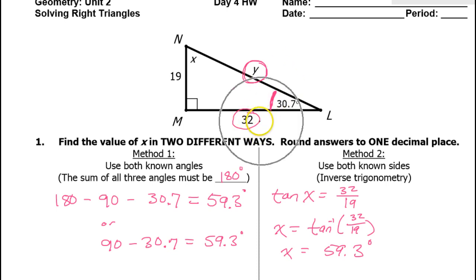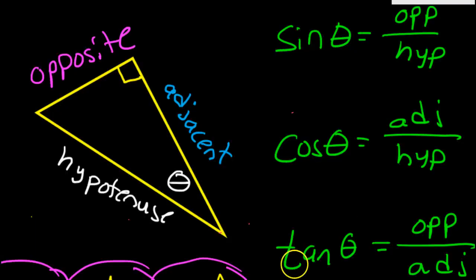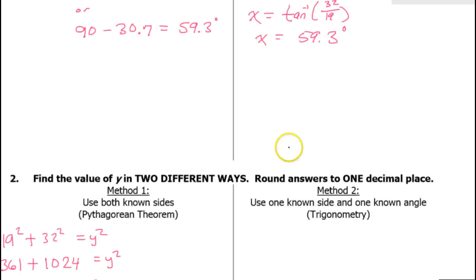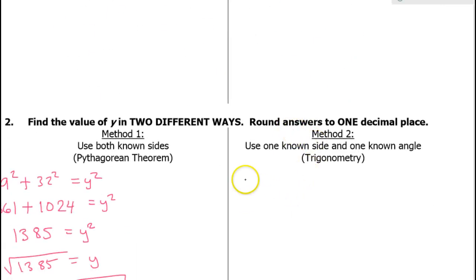In that case, this is the adjacent leg because it's right next to the angle. This, of course, is the hypotenuse. So adjacent and hypotenuse, that is the cosine function, adjacent over hypotenuse. So I could solve this using the cosine function.